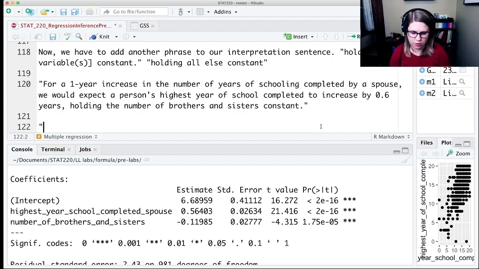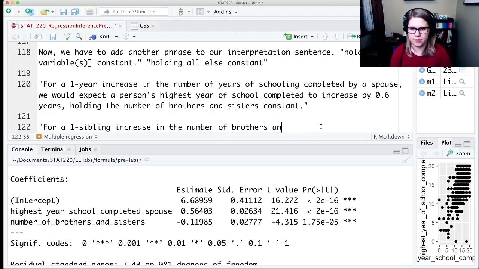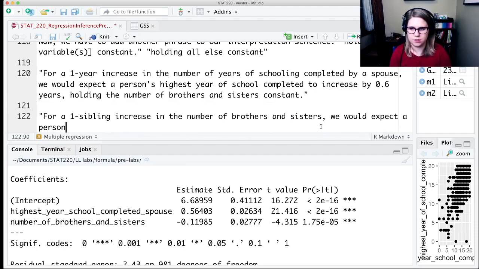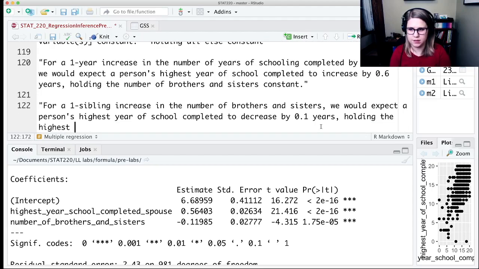And similarly, for number of brothers and sisters, for a one sibling increase in the number of brothers and sisters, we would expect a person's highest year of school completed to decrease, and I'm saying decrease here because it's a negative coefficient, decrease by 0.1 years, holding the highest year of school completed by their spouse constant.